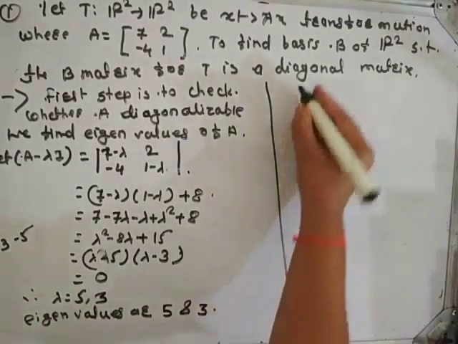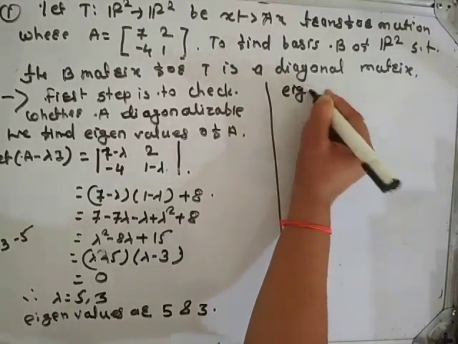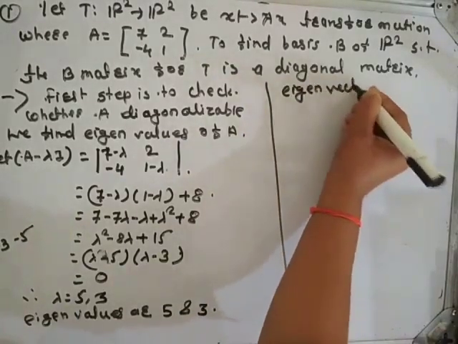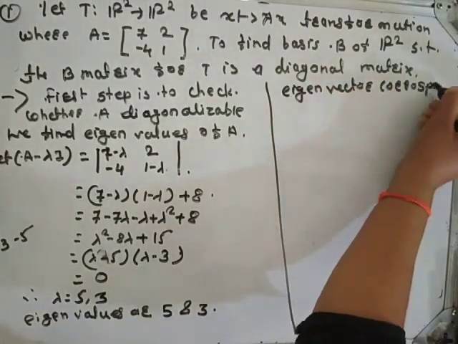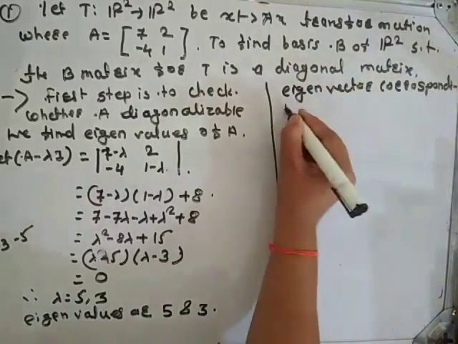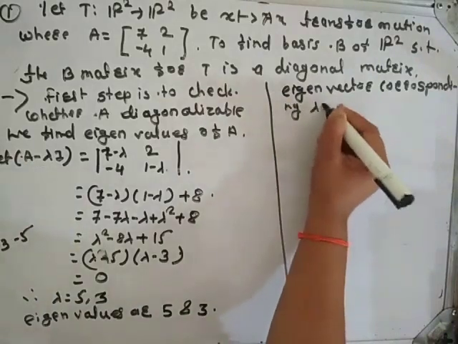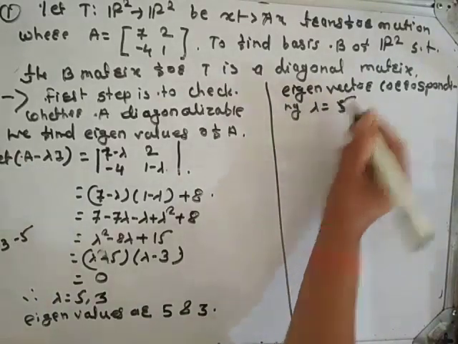Okay. Now we will find the eigenvector corresponding to lambda equals 5.